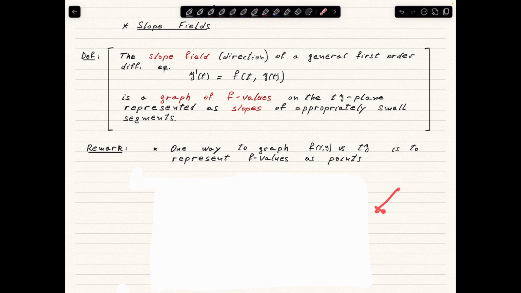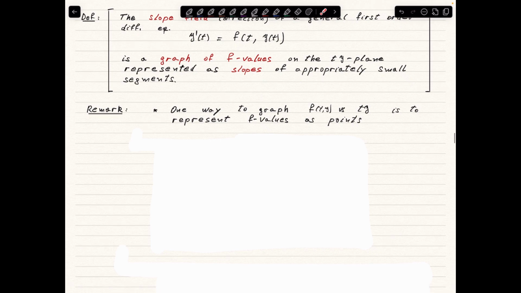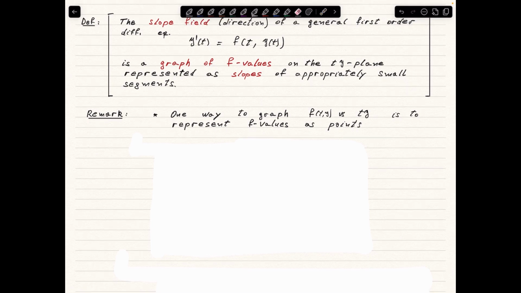So we have here t, we have here y, and the values of the function at that point are represented on a vertical axis that we call f, and at different points different values, so we end up with a surface for the values of f.